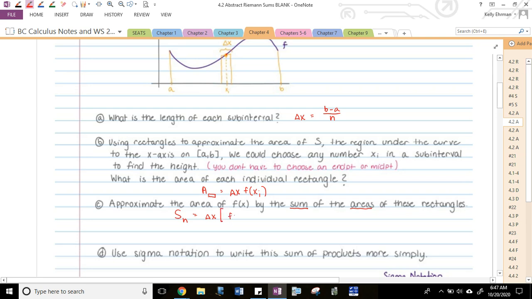We would have f of x1 plus f of x2 plus dot dot dot, all the way out to f of xn. Sometimes x1, x2 to xn are starting at a. Sometimes those are midpoints, or they could be any arbitrary point that we pick.